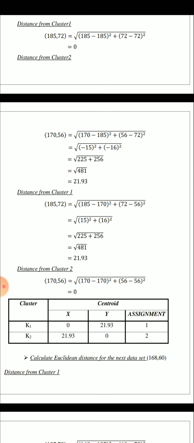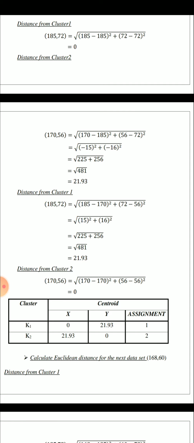We have to calculate the table with clusters k1, k2 and the centroid xy, and the assignment tells which cluster it should be. For k1 the distance is 21.93 and for k2 it is 0. Whichever distance is less, that is cluster 2, so assignment 2 is given.